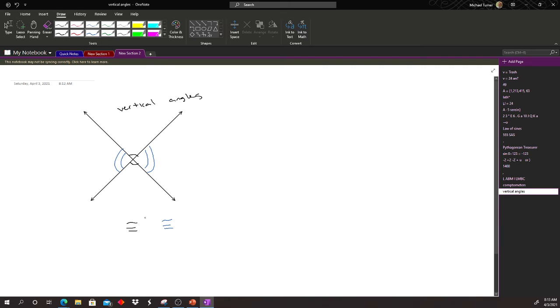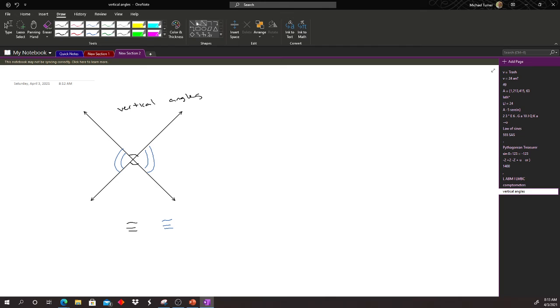So with intersecting rays or lines or line segments formed like this, you are able to determine that the opposite angles are congruent. The other angle pair that we want to be familiar with are adjacent angles.